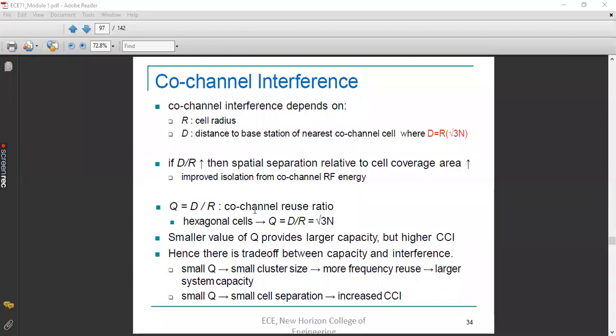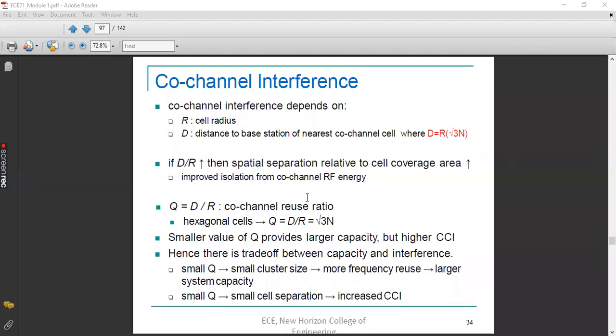You know that the quality of this entire cell is determined by the co-channel reuse ratio, that is D by R. What is D by R? It is the ratio of the distance between the co-channel cells to the radius of the cell. By using geometry, you have an equation between them. When you take R to the left hand side, we get D by R as √3N. So if you want to increase D, you need to increase the cluster size capital N. What is capital N?